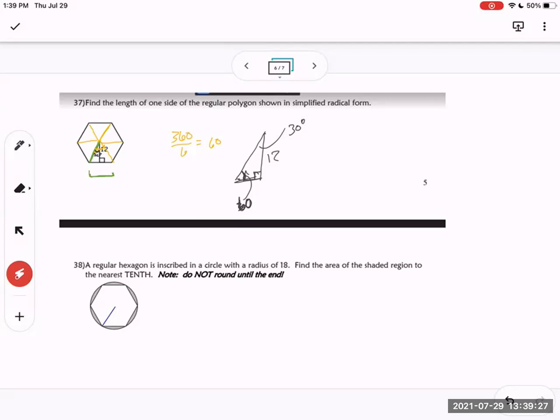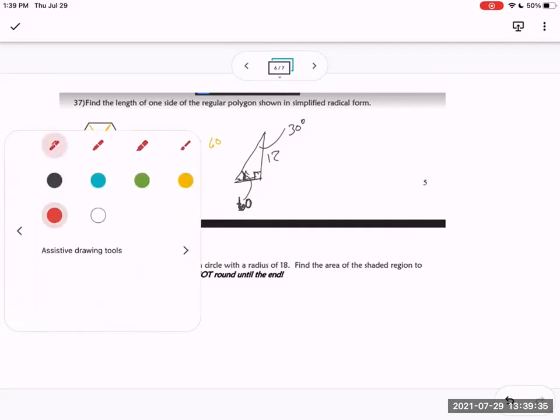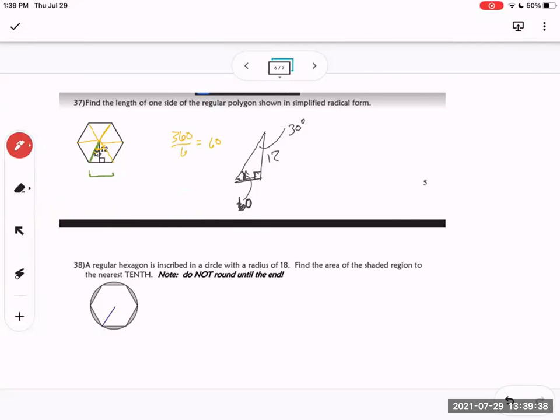But for this special right triangle 30, 60, 90, whatever side this is right here, call this C, and we'll call this B, and we'll call this A. You know that A squared plus B squared equals C squared. But you also know, since this is a 30, 60, 90 triangle, that C is twice B. And because of that, you know the relationship between A and B as well, which is the square root of 3.